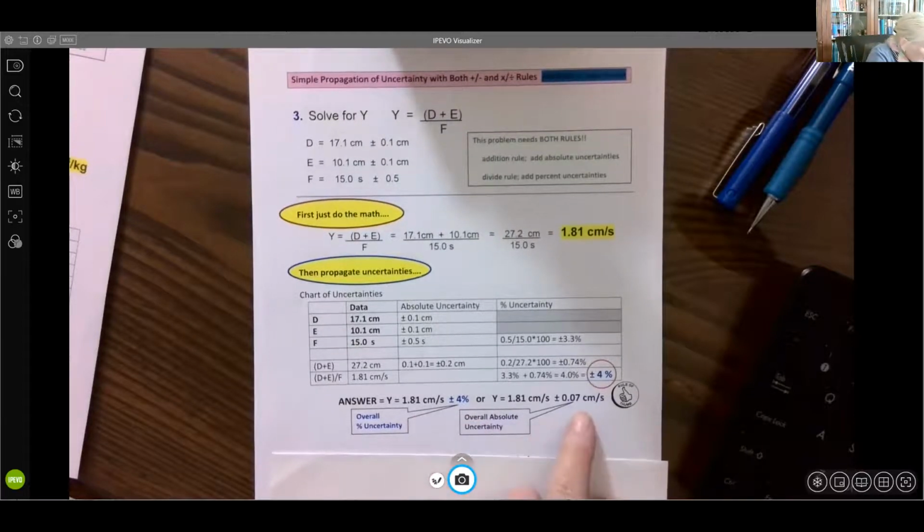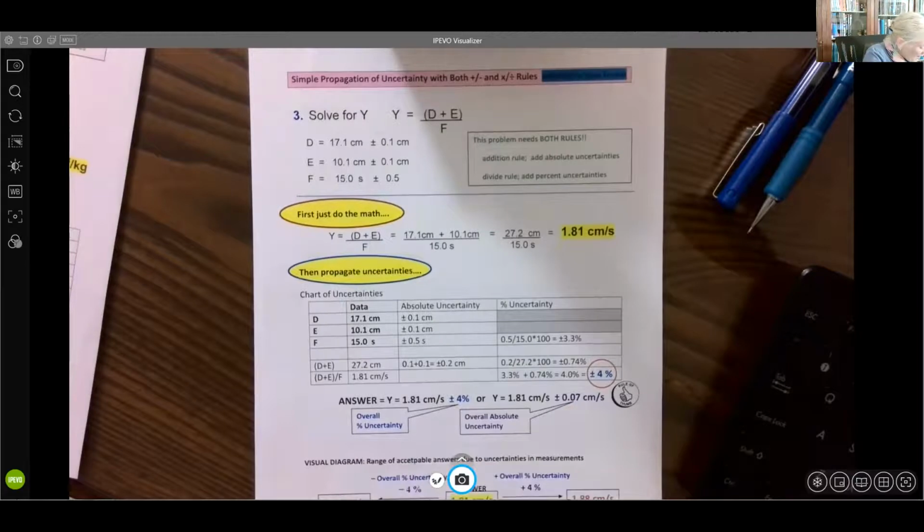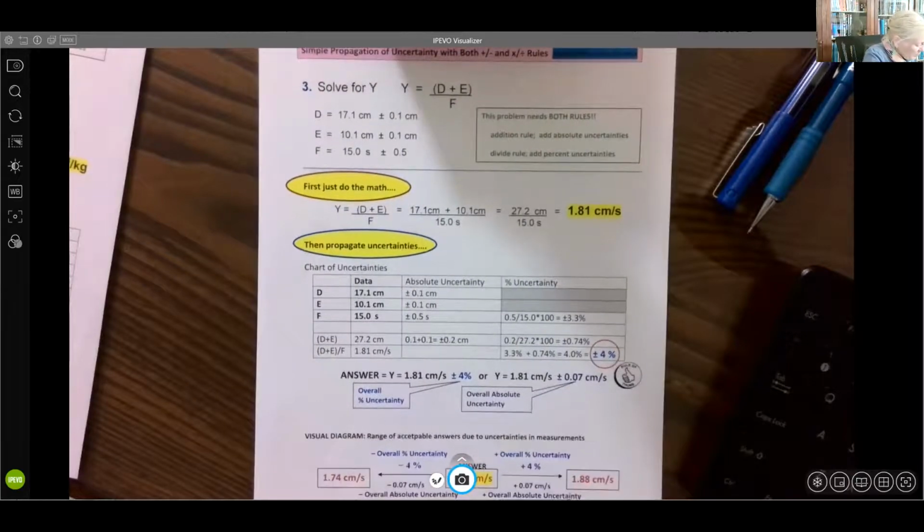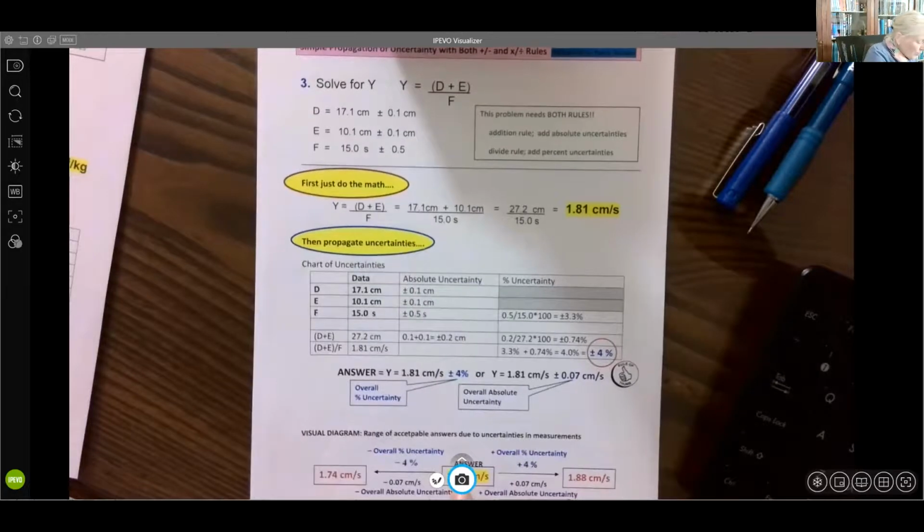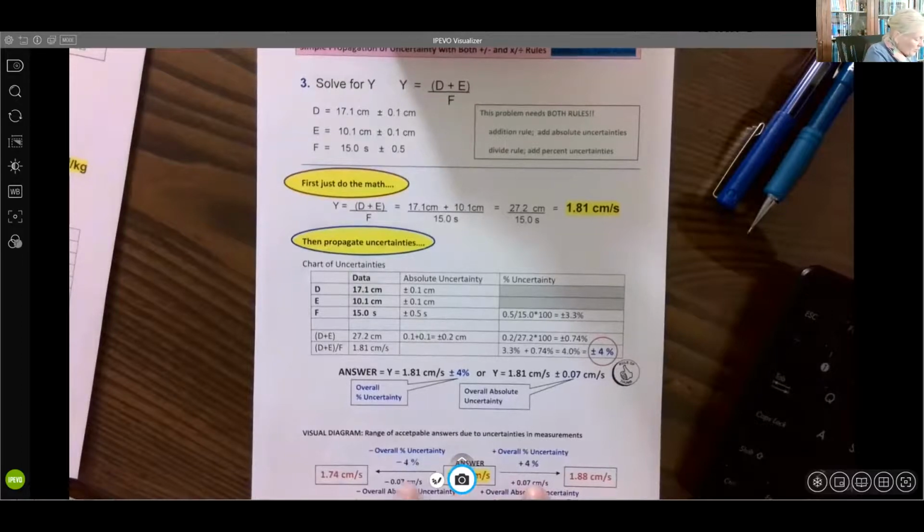Now, how am I going to get this absolute overall uncertainty? Do you remember you do that by, down here, we would have gotten the 4% first. 4% of your calculated result gives you 0.07 for an overall absolute uncertainty. You add it, you subtract it, and get these exterior limits to your error bars.